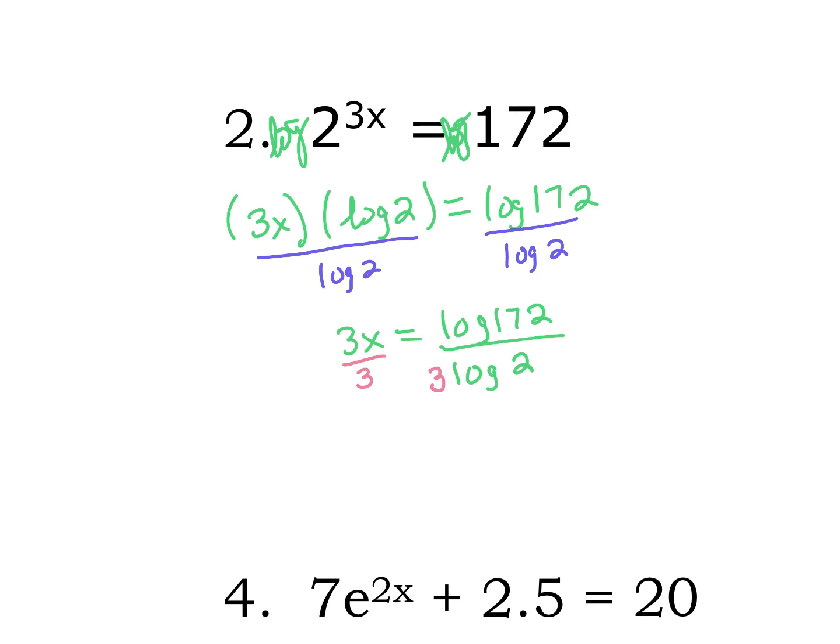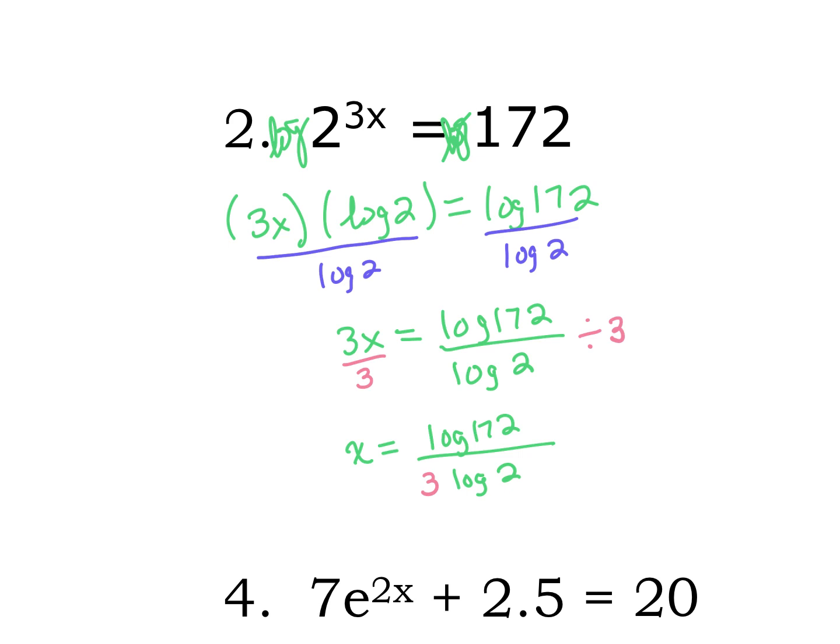The other way this could be written, and especially depending on how you're plugging into your calculator, it might be easier to think of this as just finding the log of 172 divided by the log of 2, and then dividing that whole answer by 3. So x is equal to the log of 172 divided by 3 times the log of 2.